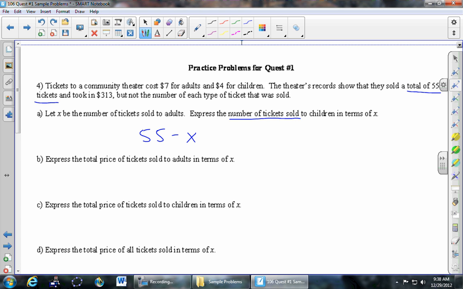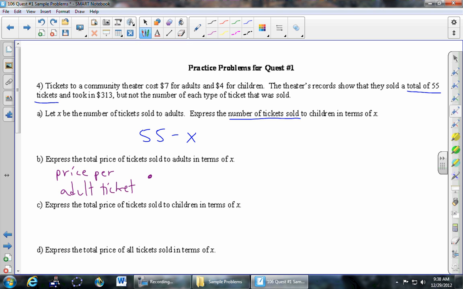Part B, express the total price of tickets sold to adults in terms of X. Okay, so I just need to multiply two numbers together. I need to get the price per adult ticket, and then we're going to multiply that by the number of adult tickets.